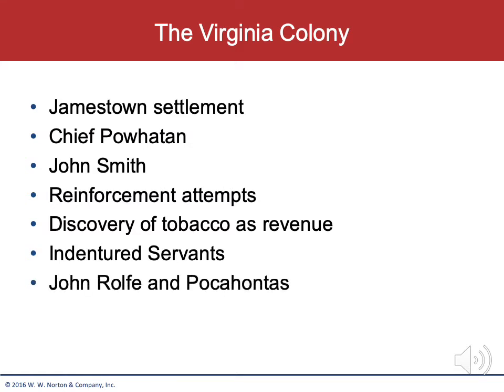So John Rolfe and Pocahontas become the sort of parents, if you will, of indentured servitude because they made this cash crop so profitable. And so there are literally millions of people who trace their lineage back to John Rolfe and Pocahontas because they go back to England.